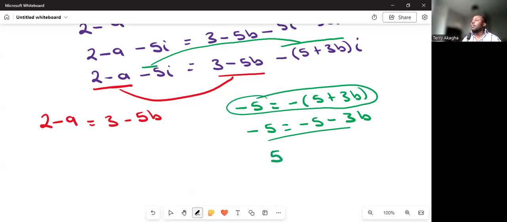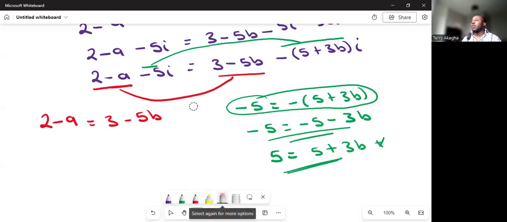So it's going to give us 5 is equal to 5 plus 3b. So if you want to solve, you can solve with this one, or you can solve with this one. It does not really matter. Just because I'm aware that students really don't like the negative sign, I'm going to select the second one to solve with it. But you can use any one and you should get the same thing.